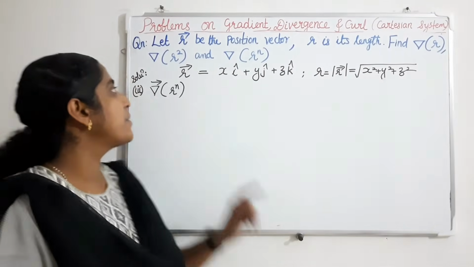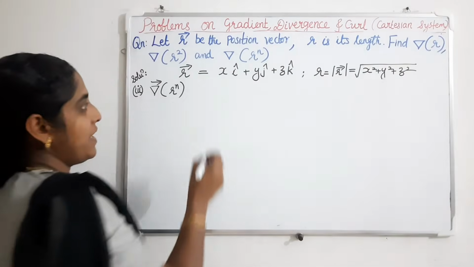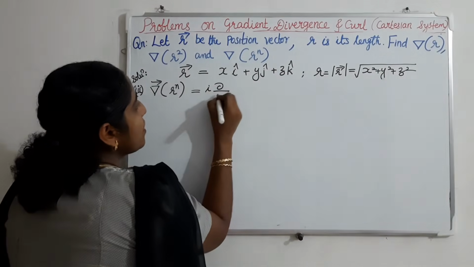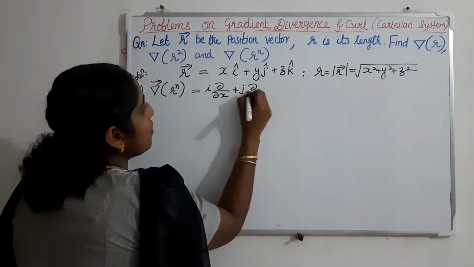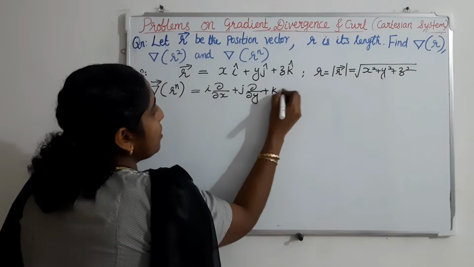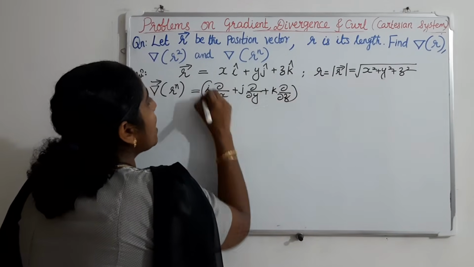Next we have to find del of r raised to n, that is i dou by dou x plus j dou by dou y plus k dou by dou z into r raised to n.